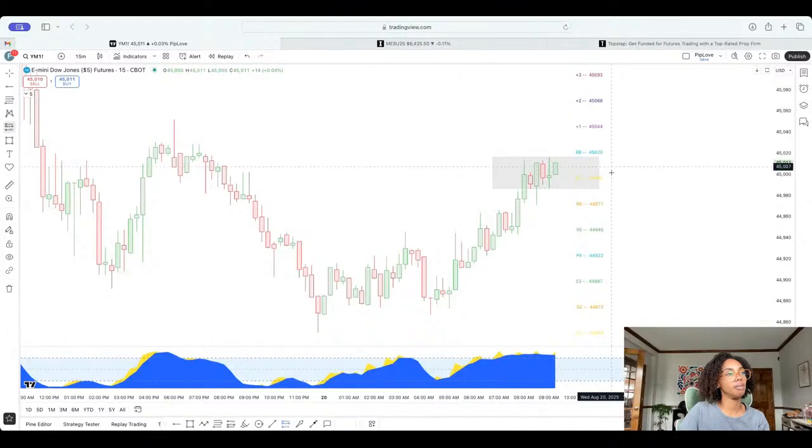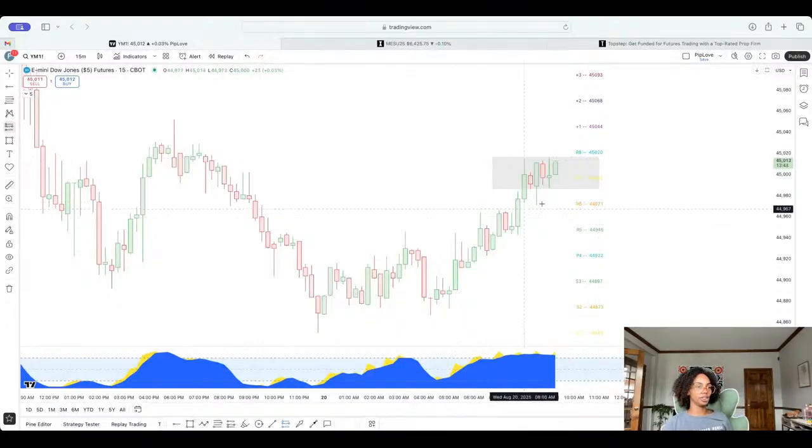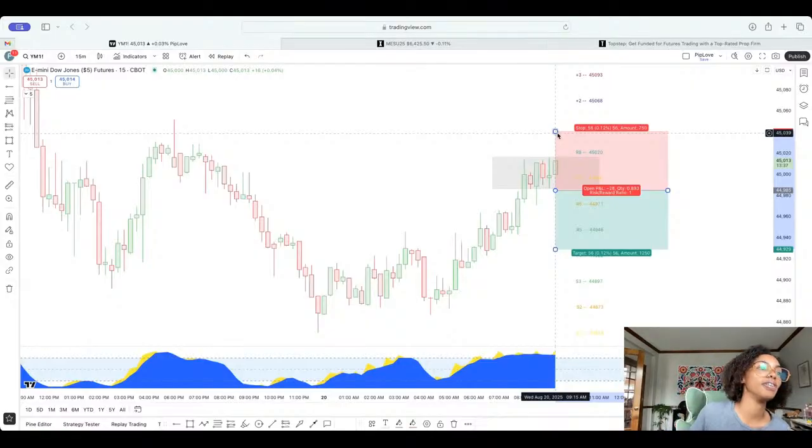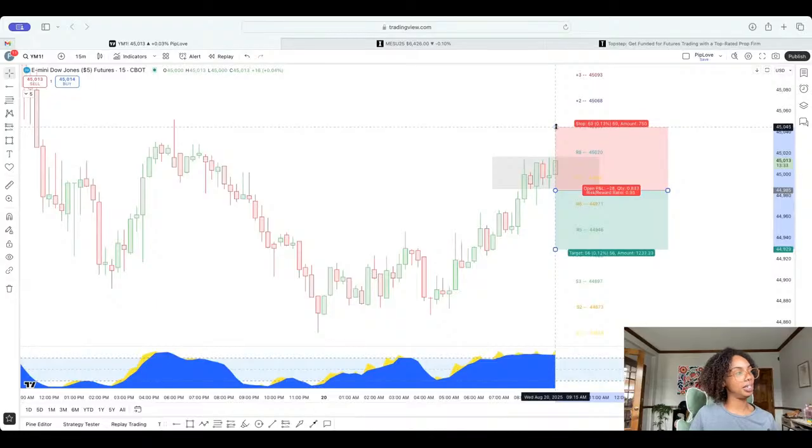I'm going to preempt my trade, meaning I'm going to set it up with a small contract here before I get the confirmation that this is actually what the market is going to do at this point. When you do that, you're really just thinking of your entry. So I don't always recommend it, but we always do it.